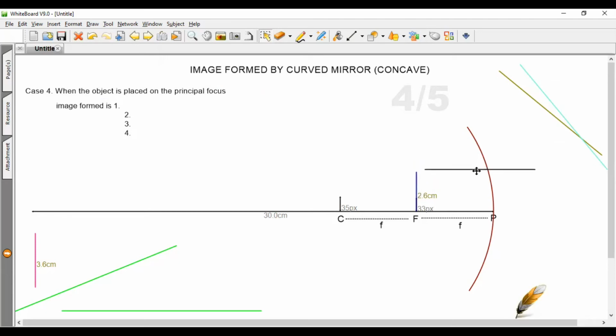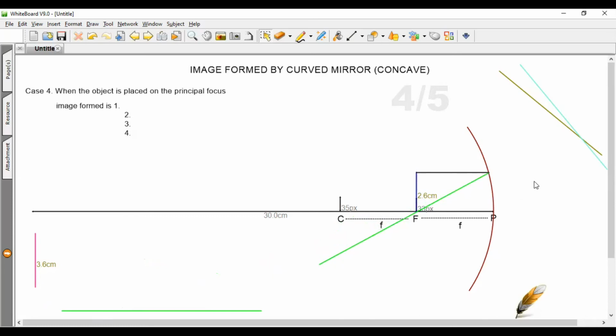The first ray hits the mirror. And when that happens, the next thing that follows is that there will be a reflected ray that will be converged to the focus, to your principal focus.